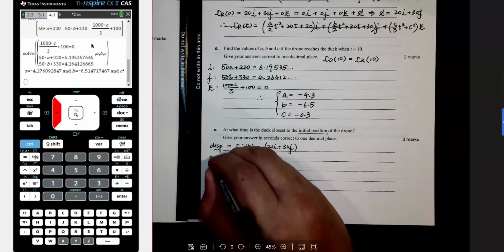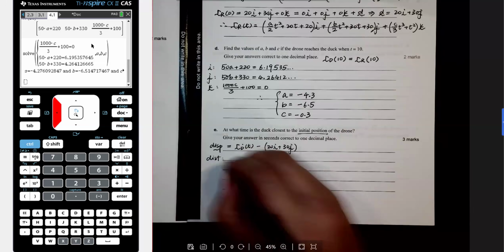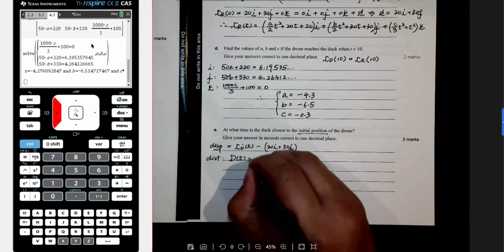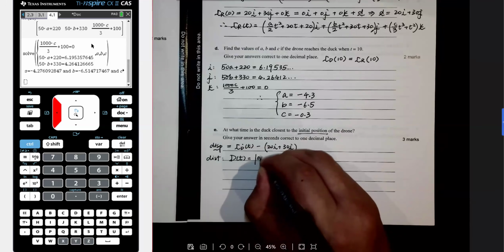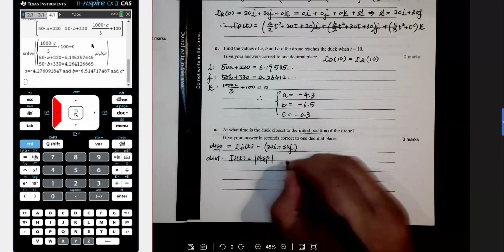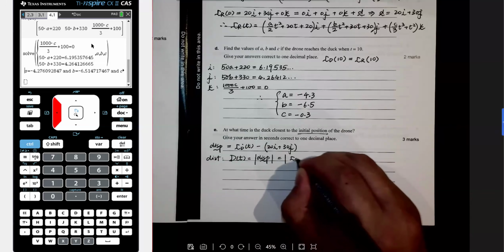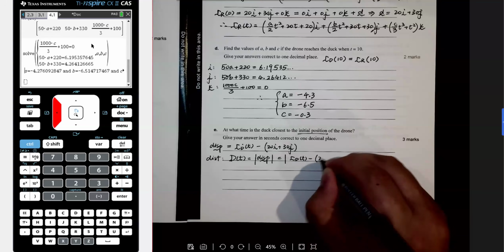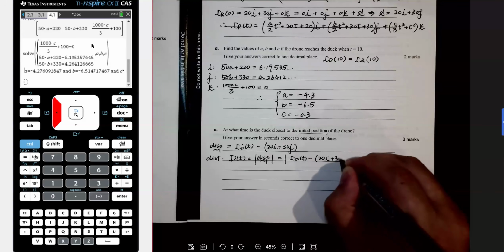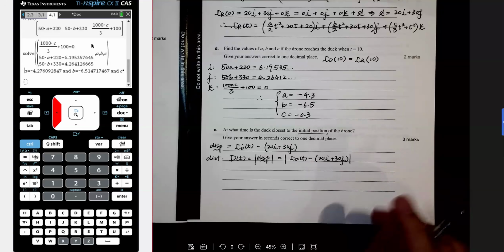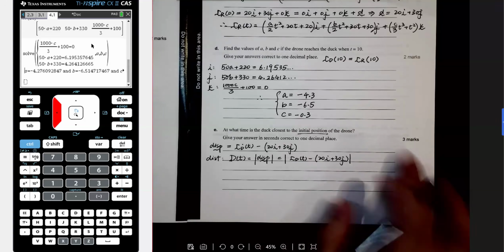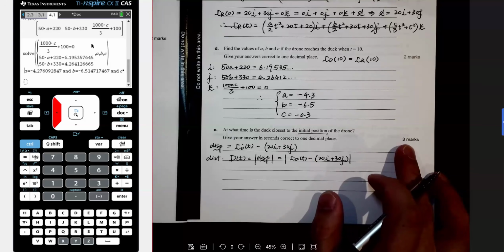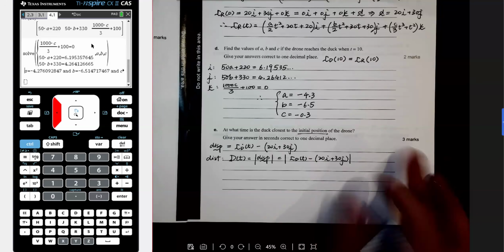So the distance, we call it capital D of t, equals to the displacement magnitude, that is |RD of t minus (20i plus 30j)|. Something along this line. And it's worth 3 marks.